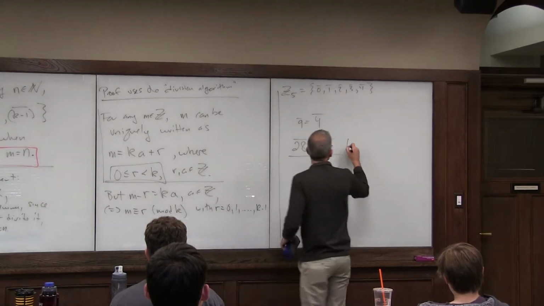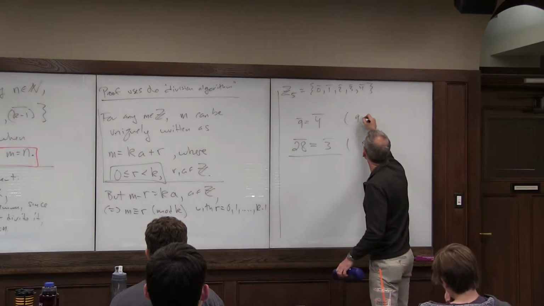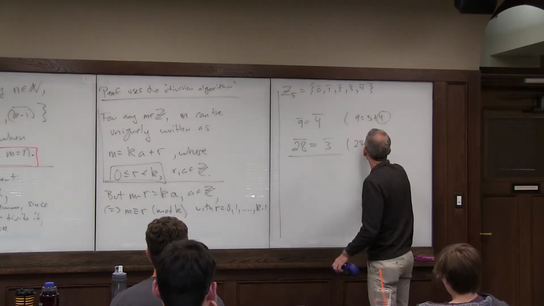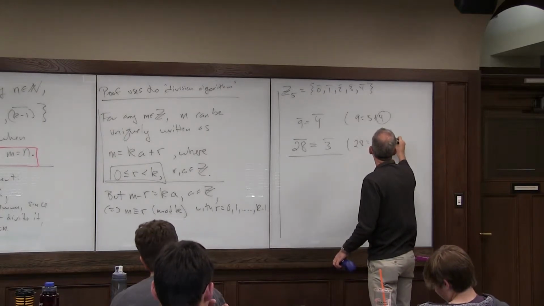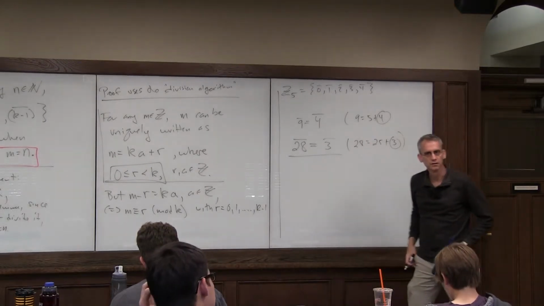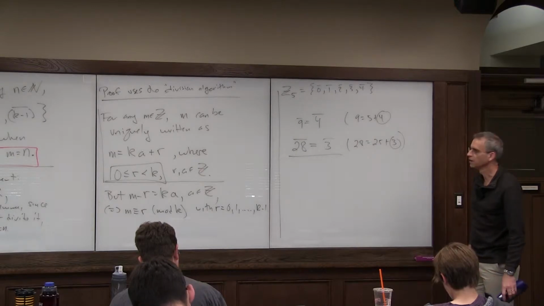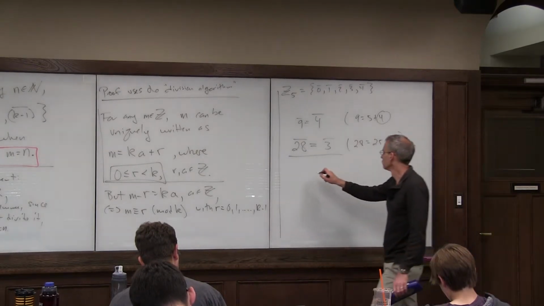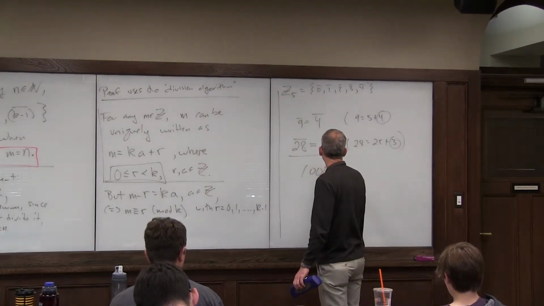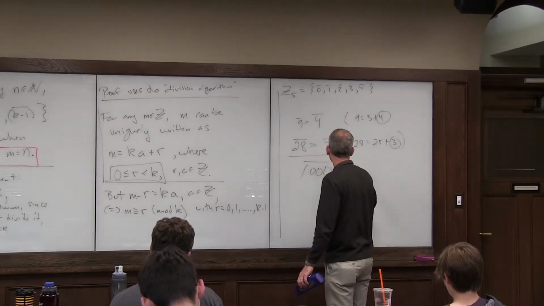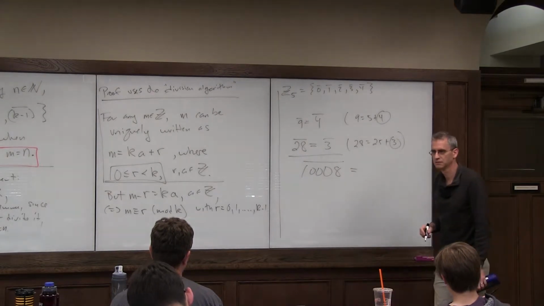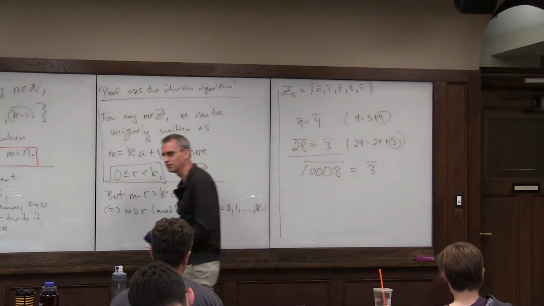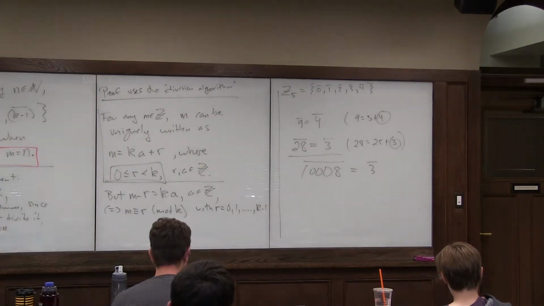Because here, 9 equals 5 plus 4, that's my remainder. 28 equals 25 plus 3, that's my remainder. And so on. 1008 bar is 3 bar. So Z mod 5 is an easy one to work with.